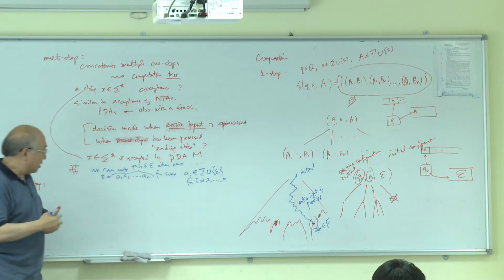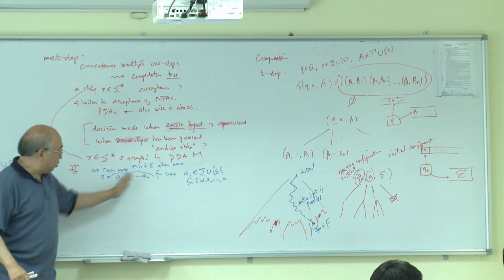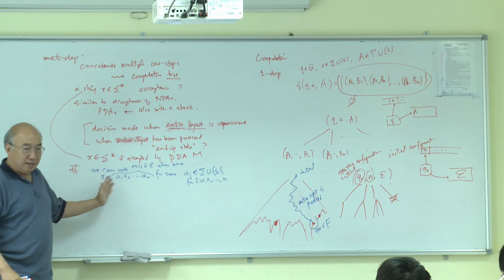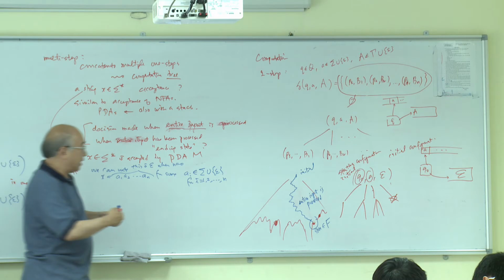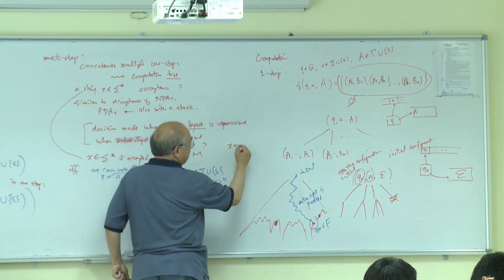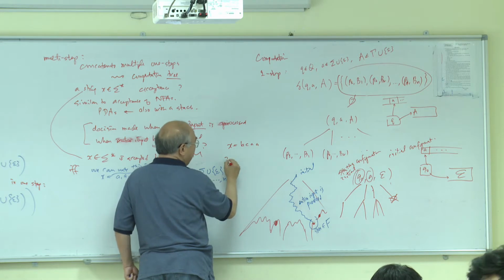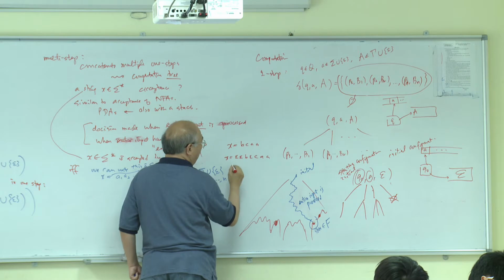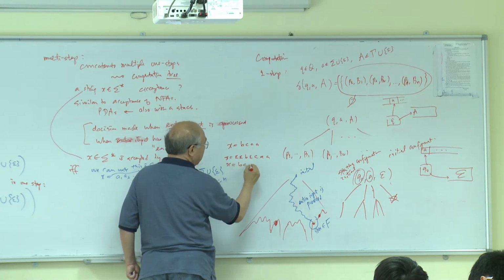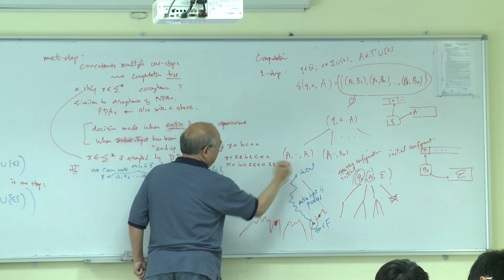Otherwise, basically, you can write x in any way you want, as long as eventually the composition of these is going to be x. So there are many possibilities, right? For example, x is equal to BCAA. But you can see that x can be written as epsilon, epsilon, B, epsilon, CAA. Or x can be written as BC, epsilon, epsilon, epsilon, A, epsilon, epsilon, A, epsilon, epsilon.